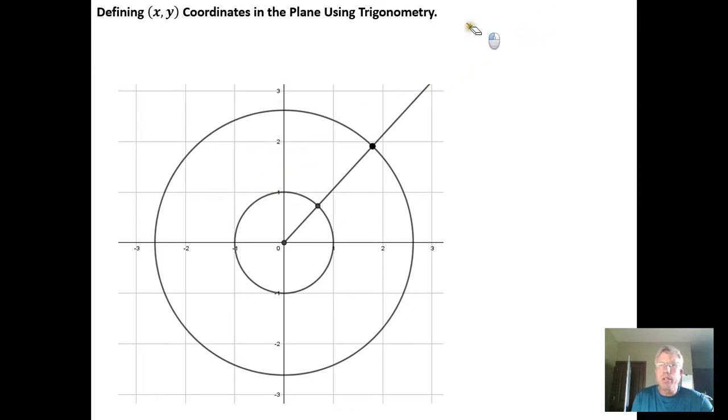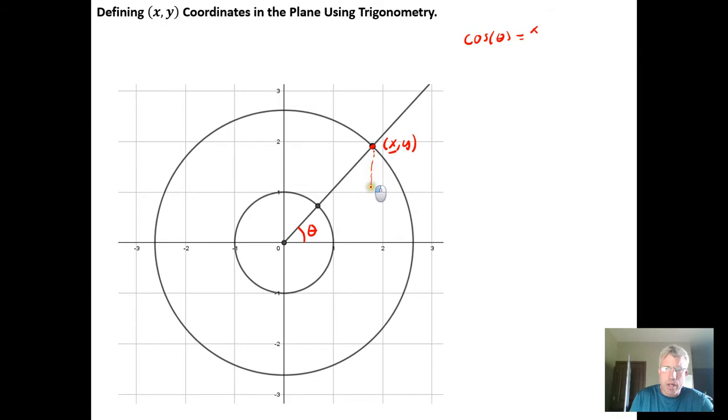What we want to do is look at our definitions for the cosine and sine functions. So we'll suppose that we have some angle theta right here, and some point right here, x, y. Let's think about how the cosine of theta has been defined for us. The cosine of theta has been defined as the x-coordinate, right?